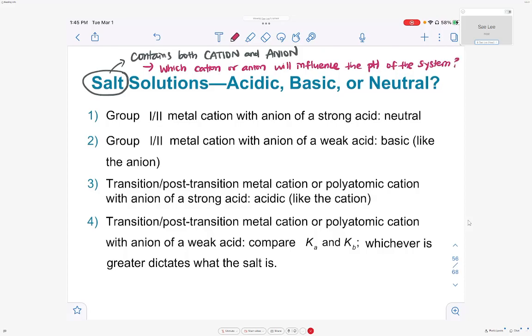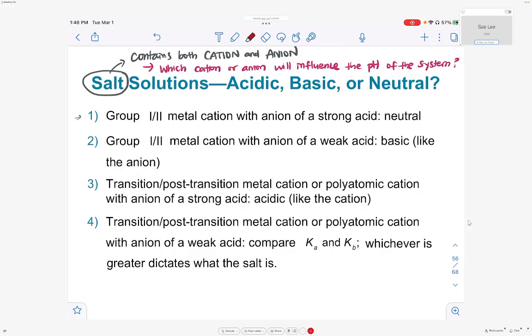Okay, so let's take a look at the first situation. If you have a salt with a group 1 metal cation and an anion of a strong acid, which one will have influence on pH?